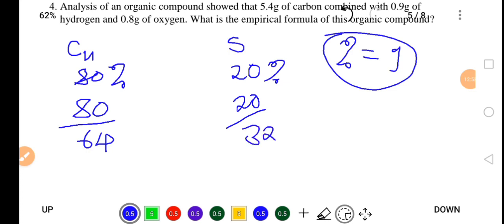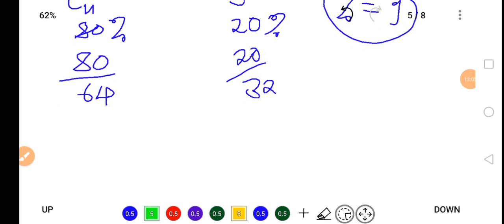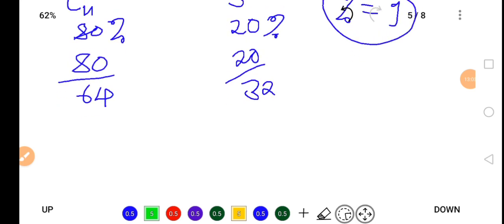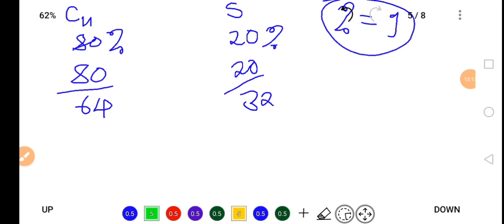What are you going to come up with? You come up with nothing else but the number of moles. So the number of moles here, when you divide, you find that it will be 1.25.